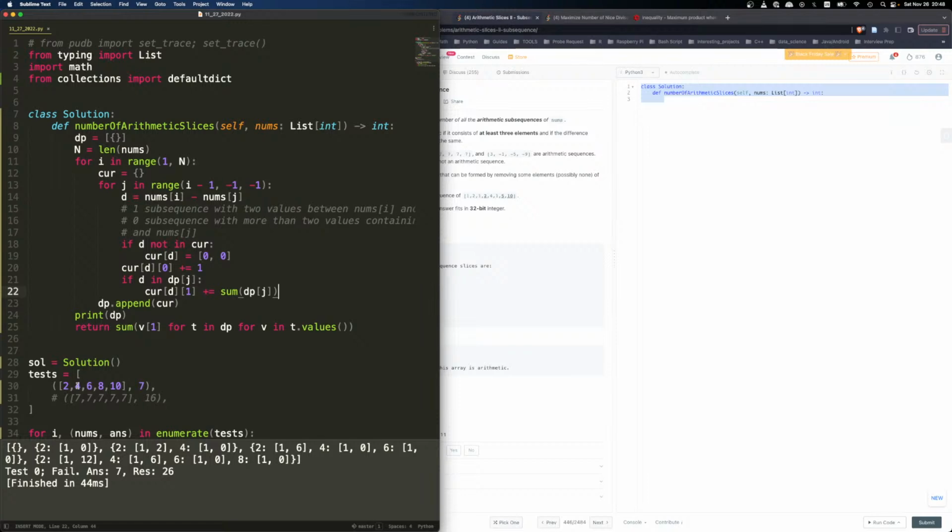And then if D in dpj, okay, dpj is going to be this, and 2 is in dpj, then current to 1 is a 0 plus equal to sum dpj.